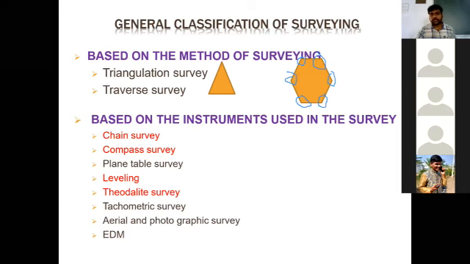This is what traverse means. You're going to go from one point to another point to establish a new point. So that is what traverse means. Next, coming to based on the instrument used in this survey.